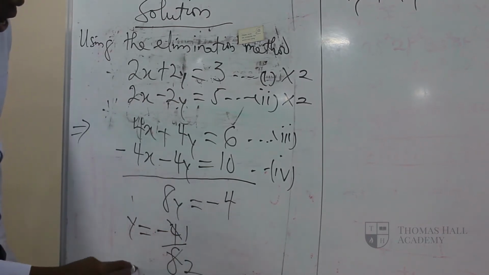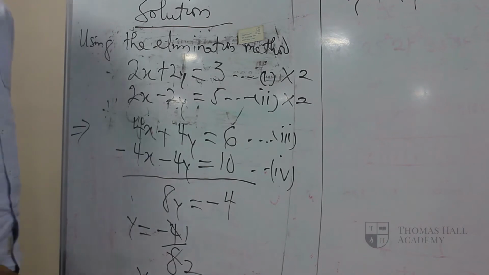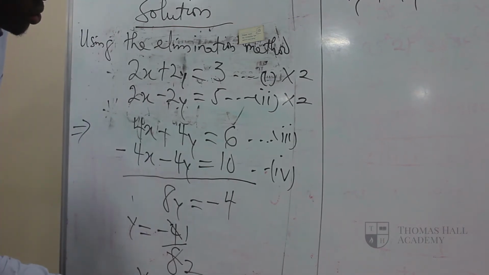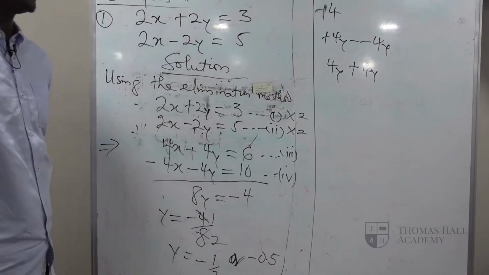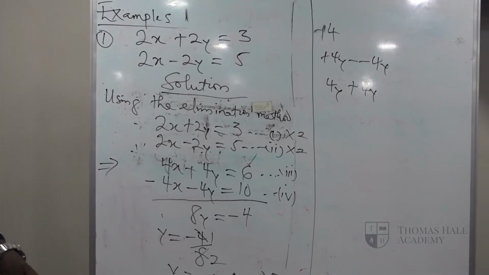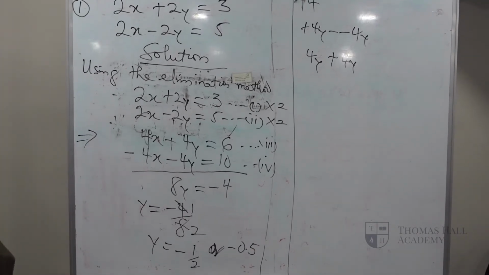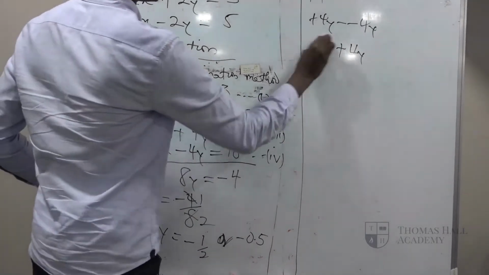Therefore, y equals to minus 1 over 2. Or if you decide to put this in decimals, minus 0.5. So the value of y is minus 1 over 2.